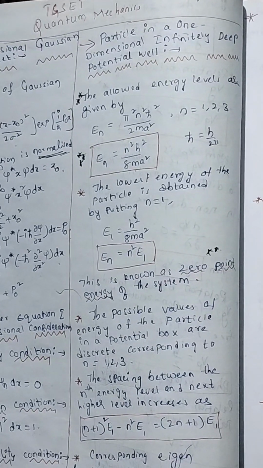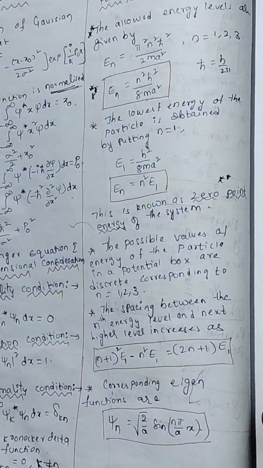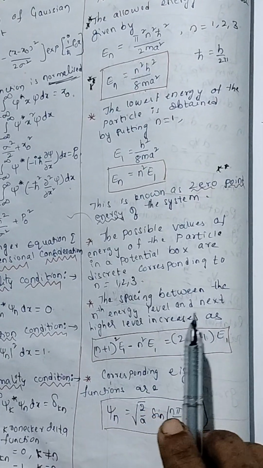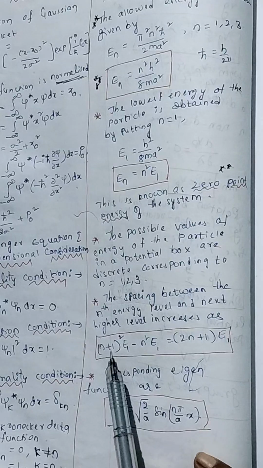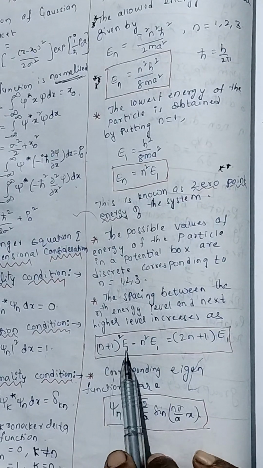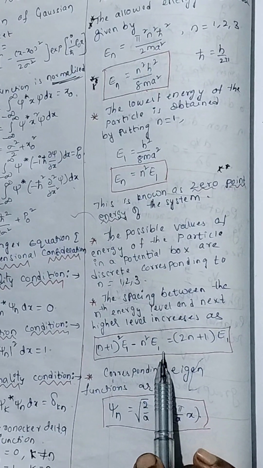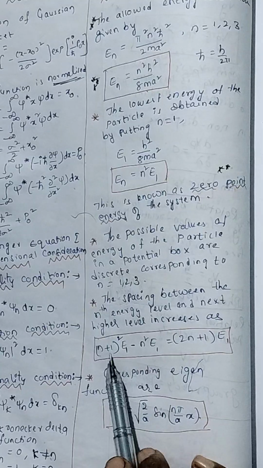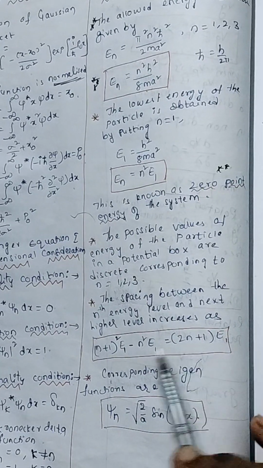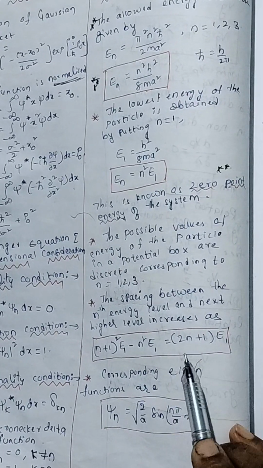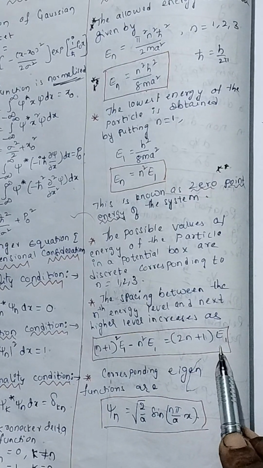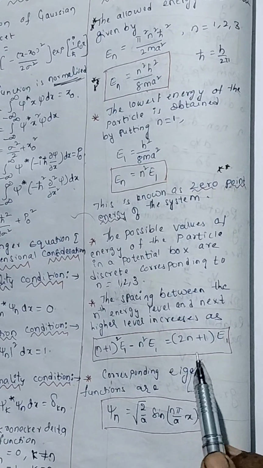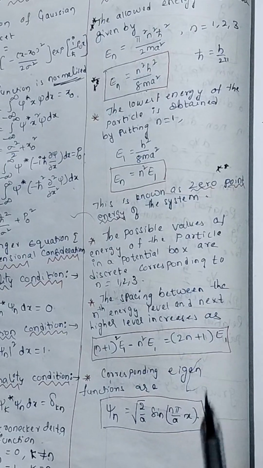Now the spacing between the nth energy level and the next, n plus 1 energy level, is n plus 1 whole square E1 minus n square E1. If we simplify, we get 2n plus 1 E1. So the spacing between the nth energy level and the next energy level is 2n plus 1 E1.